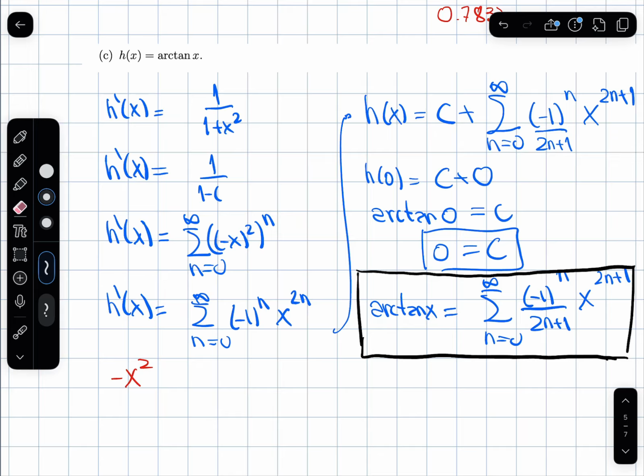Let me fix this. This is minus x squared like so, with the squared and the negative together. I kind of knew what the answer was supposed to be, and I skipped some of the steps. Yeah, the rest should be correct though after this.